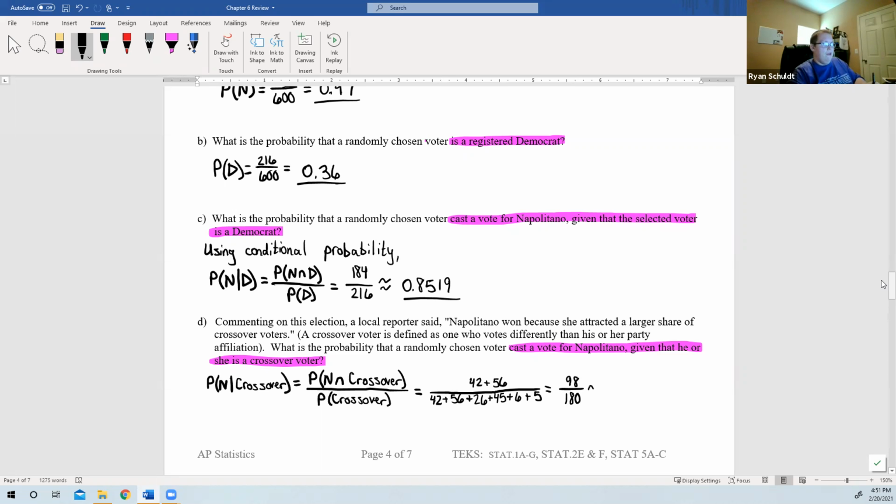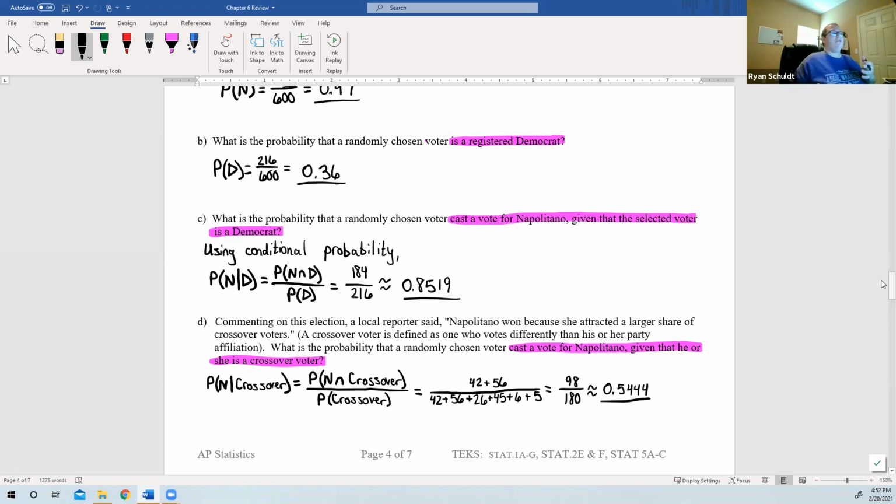So to 4 decimal places, 98 divided by 180, that's going to be 0.5444. That's the probability that a randomly chosen voter cast a vote for Napolitano, given that they are a crossover.